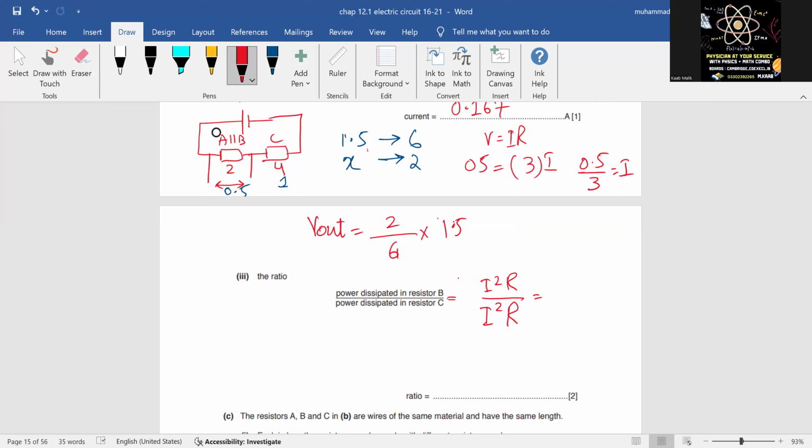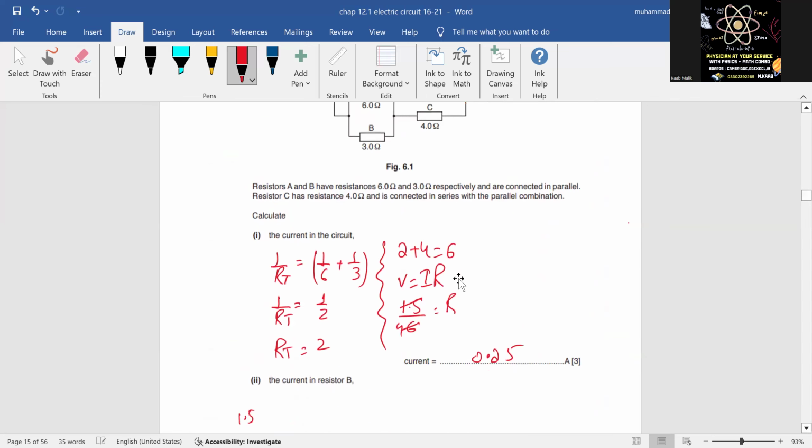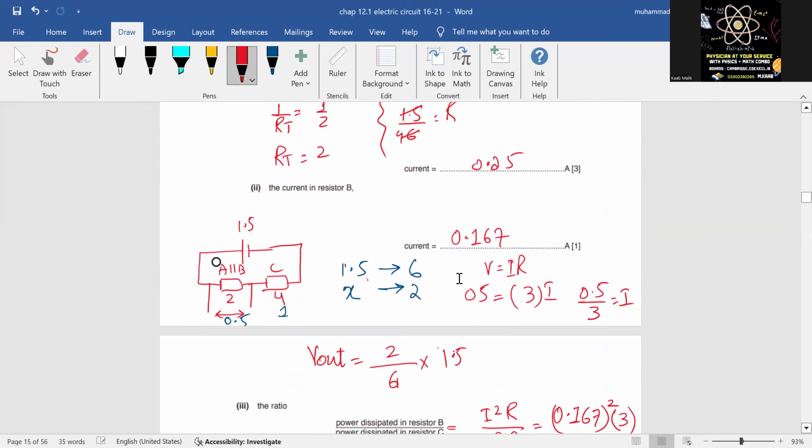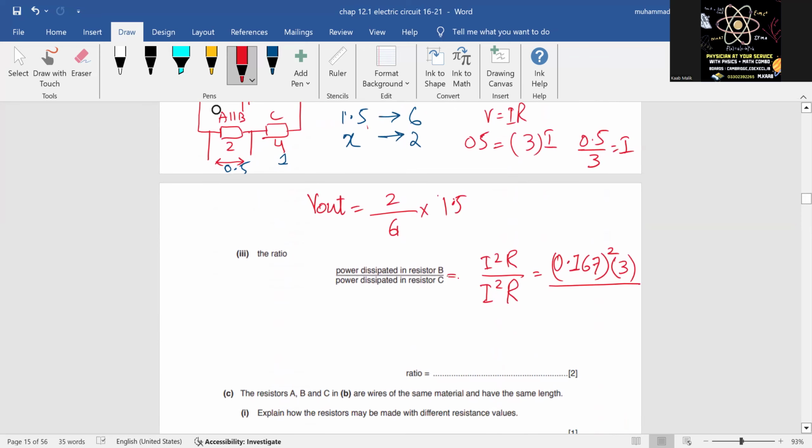So I in B is what we just calculated, which is 1.67 squared, right? And the resistance value is 3, right? And in C, the current should be 0.25, like the total current, right? Because it is in series, right? And you have to square it, times 4.